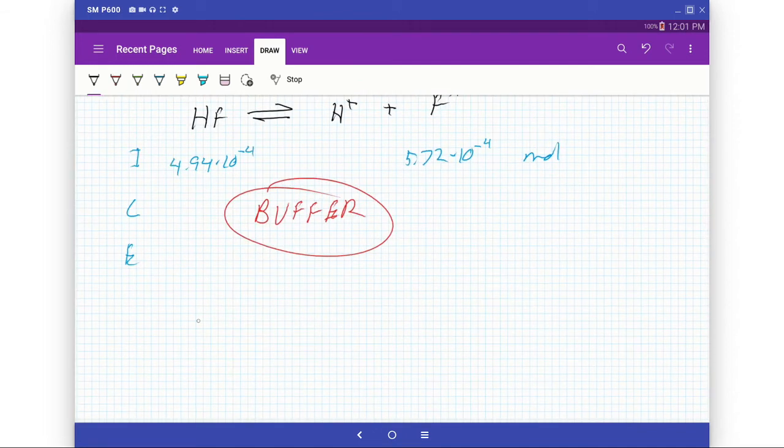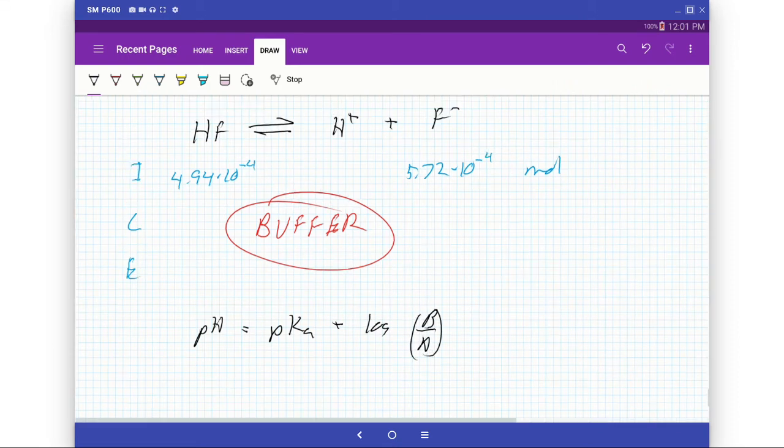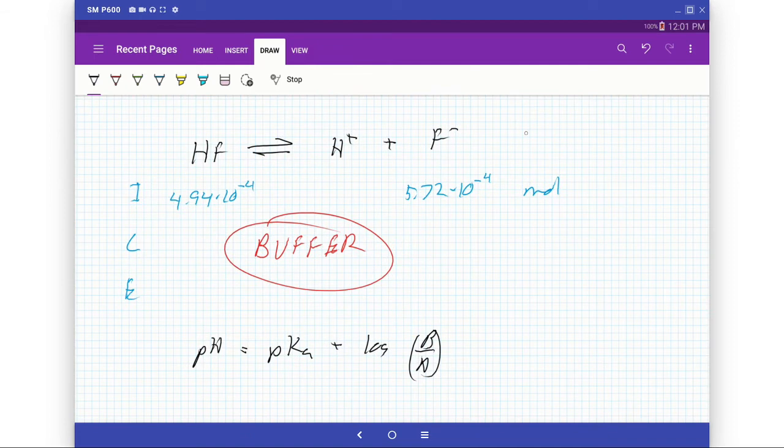Here, pH is equal to pKa plus the log of base over acid. We do need the Ka value. That hasn't changed from the 6.6 times 10 to the minus 4 moles per liter. The pKa is 3.178.